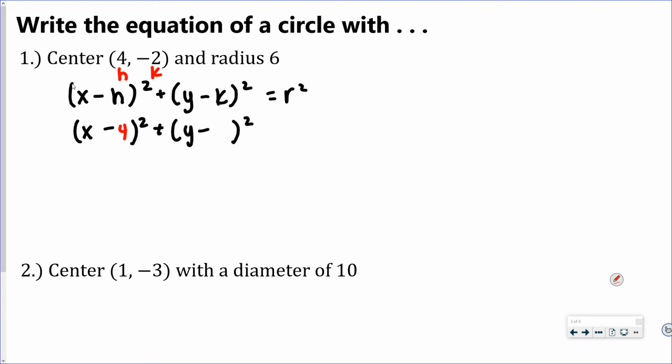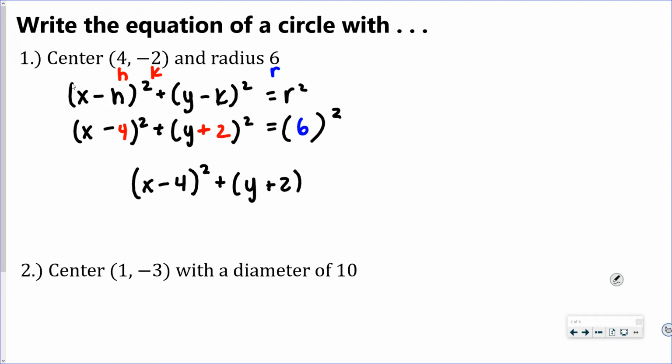Y minus k, y minus -2 is y plus 2. Go ahead and simplify that as you go. Equals my radius squared, and they're telling me my radius is 6. So my final answer here would be x minus 4 squared plus y plus 2 squared equals 6 squared, which is 36.